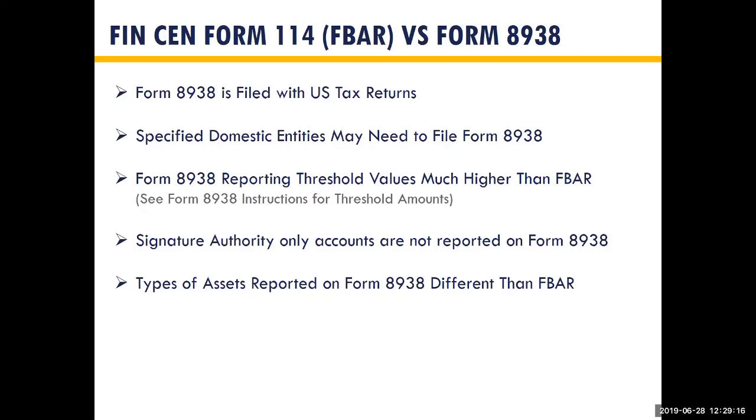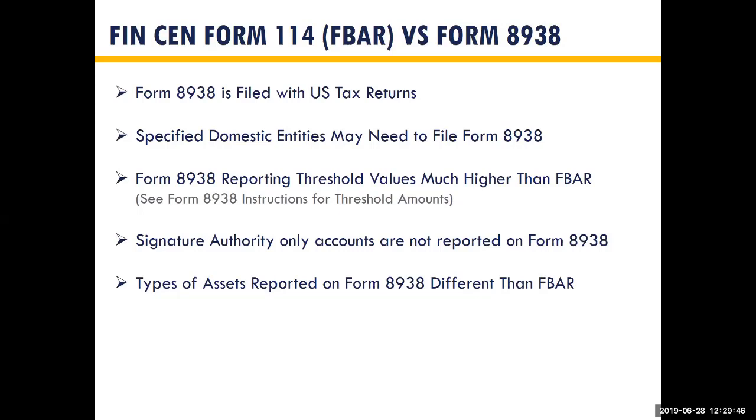So the filing thresholds for the 8938 are much higher than the FBAR filing thresholds. It's very common to have an FBAR filing obligation, but not an 8938, unless you have a significant amount of assets, because the threshold for an 8938 is dependent on your marital status or filing status on your return, if it's an individual return, and whether or not you're living inside or outside the US.